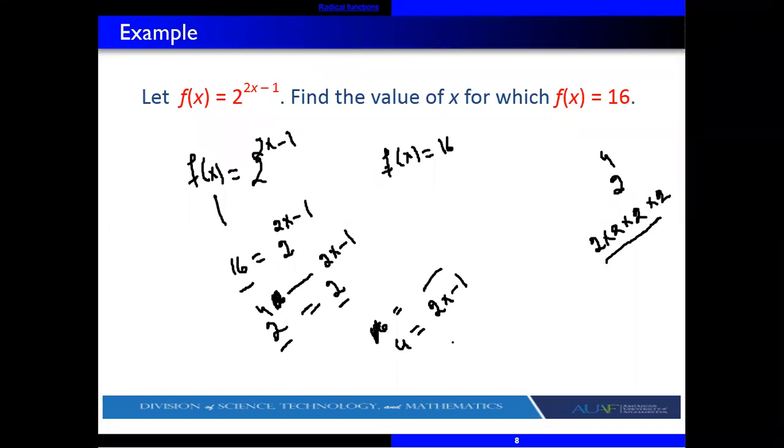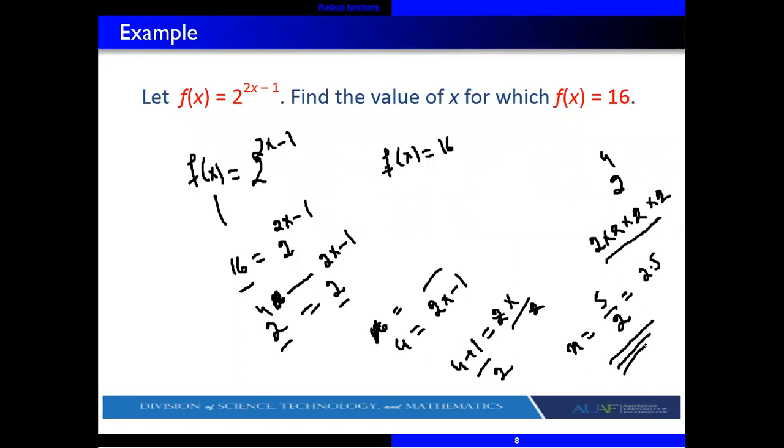Transfer 1 to other side, so 4 plus 1 equal to 2x. Then divide both sides by 2. If you divide both sides by 2, so 2 cancels with 2. And we have x is equal to what? 4 plus 1, 5 divided by 2, and x value is equal to what? This one is 2.5. Correct?